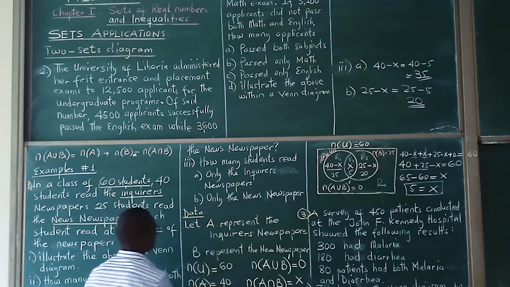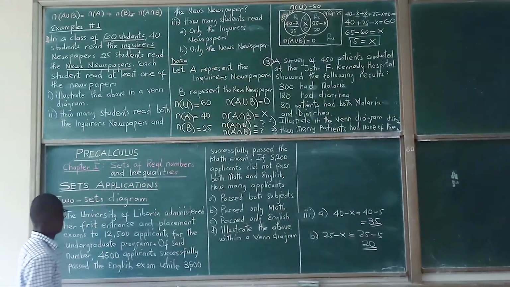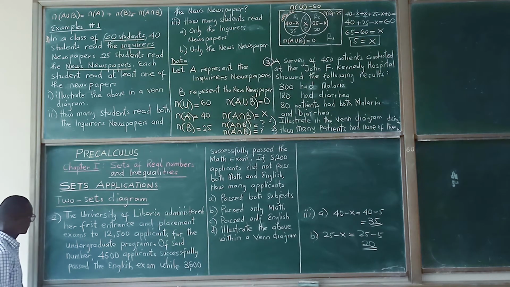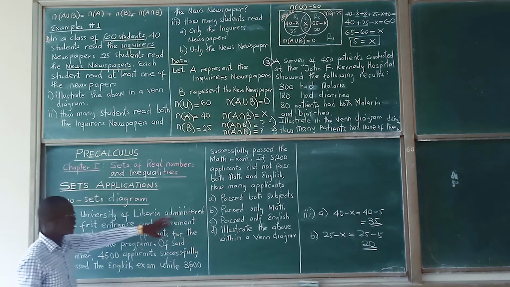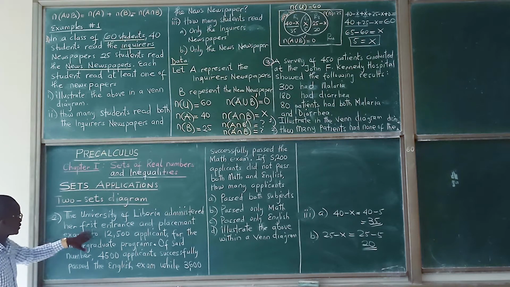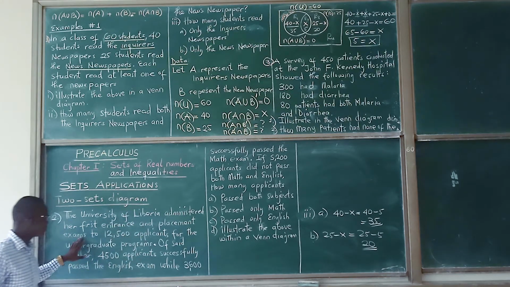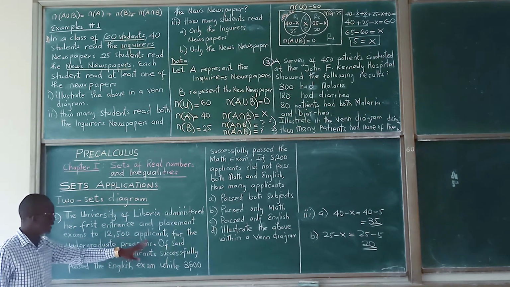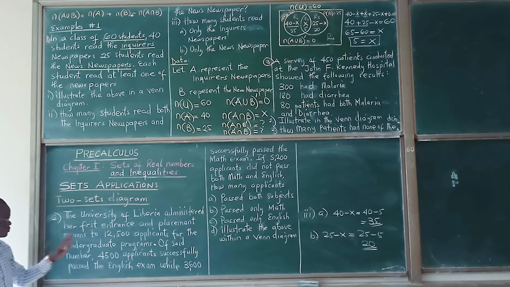So let's move quickly to the next problem. The University of Liberia administered her first entrance and placement exams to 12,500 applicants for the undergraduate programs.